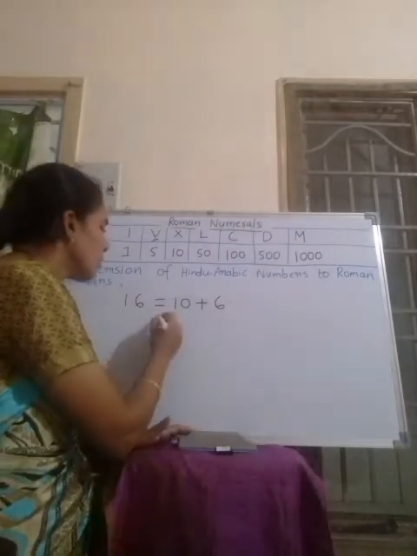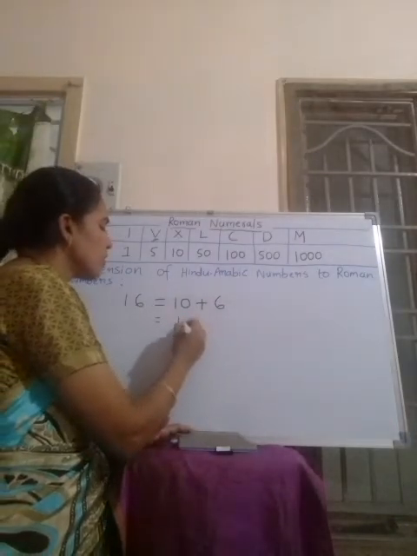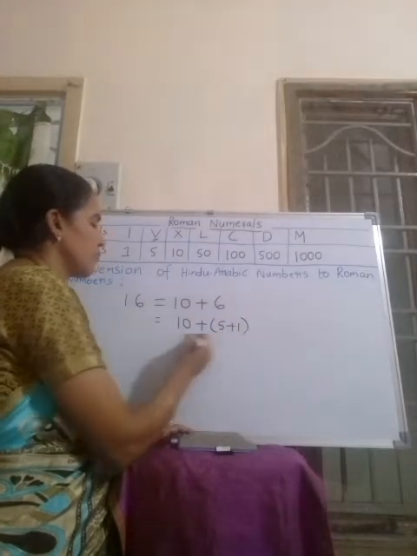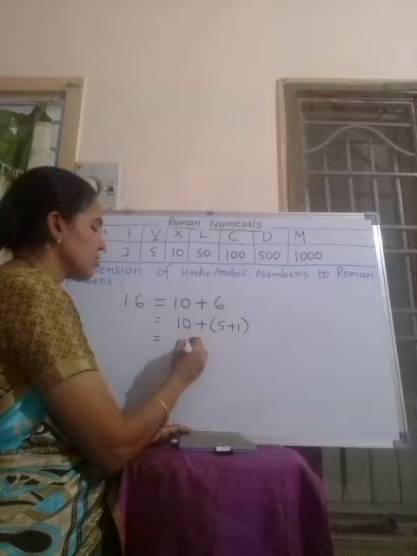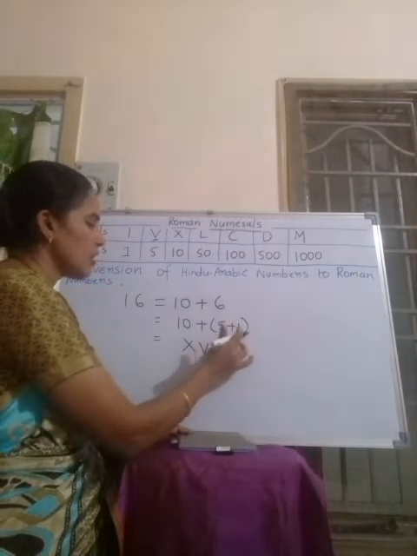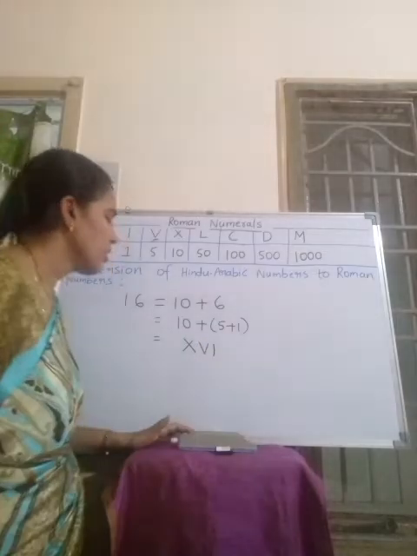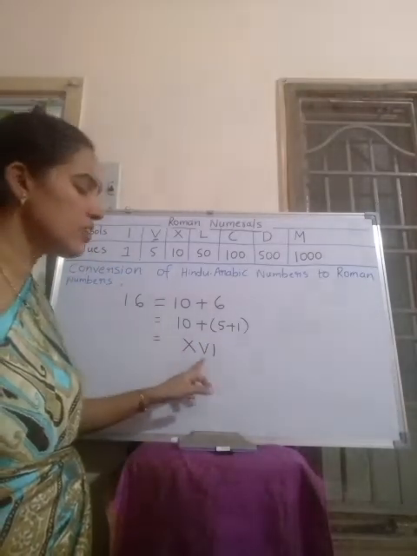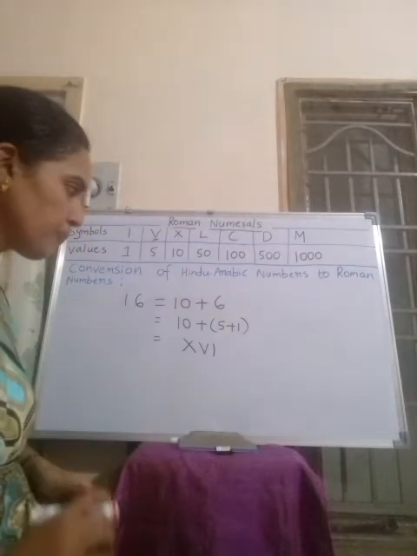We have the symbol for 10, no problem. But for 6, 5 plus 1. 10 is X, and 5 is V, and for adding 1, we write it on the right side. This is how we write 16: X, V, I.